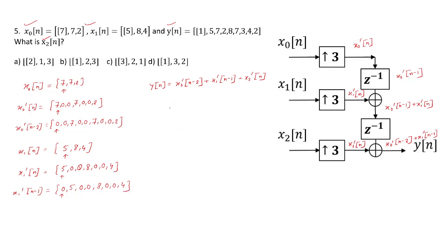Okay, we obtain these two input sequences we need.